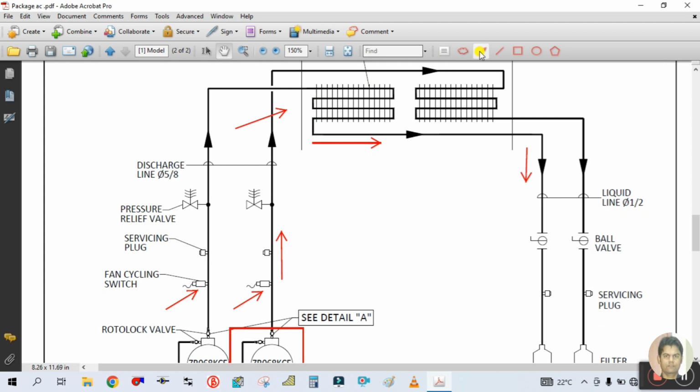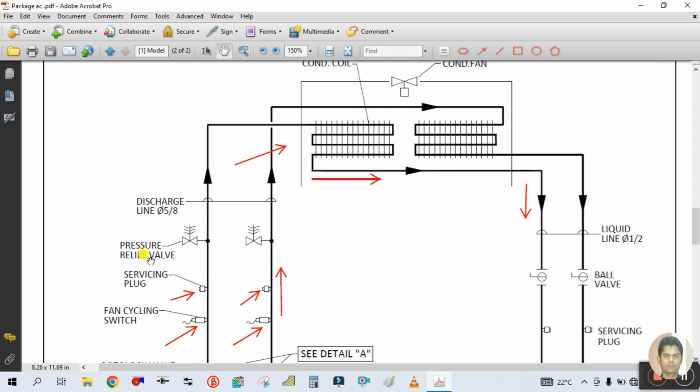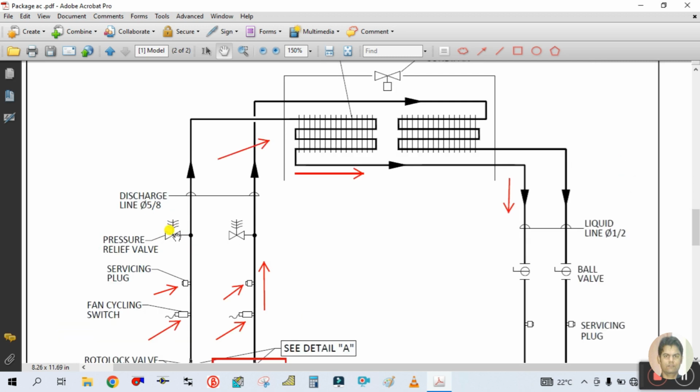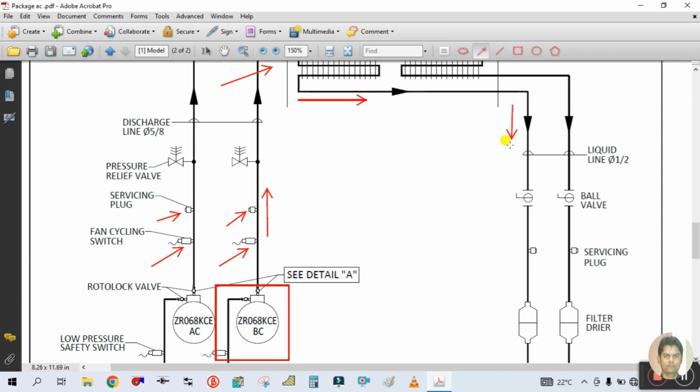This is called service port. These two are the service ports, used for service. This is the pressure relief valve. If there is more pressure, it will relieve from here. This is called ball valve.